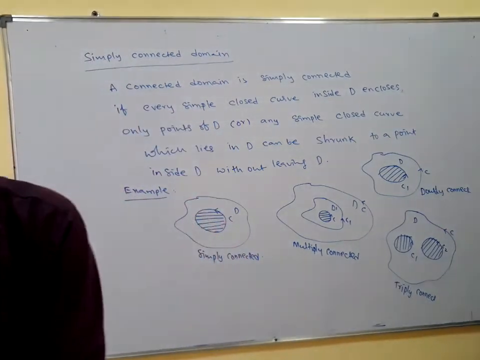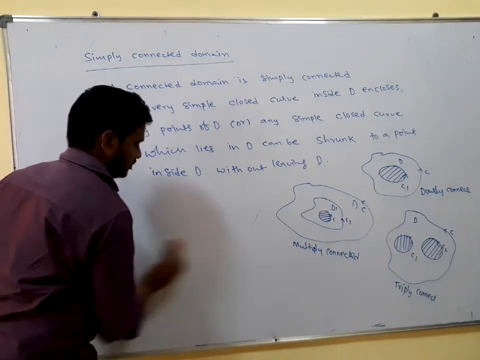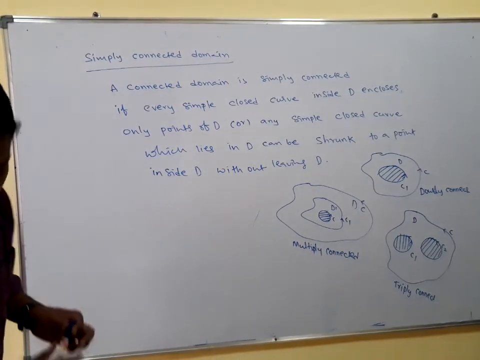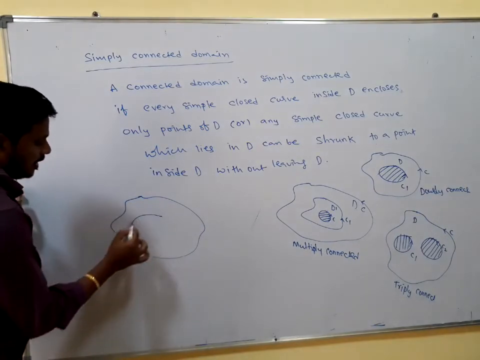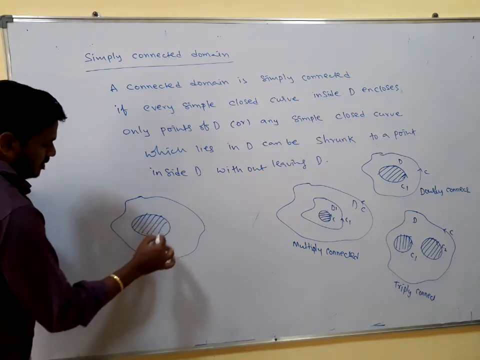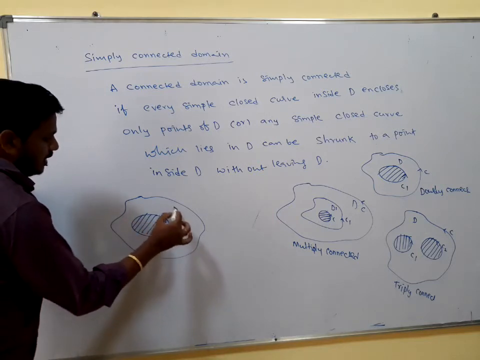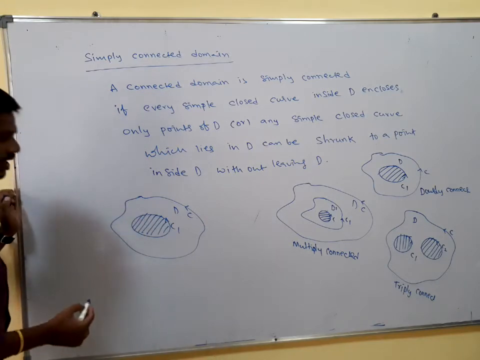Now suppose we have a doubly connected domain that I am going to consider, with boundary curves C1 and C, in the region D. How do we convert the doubly connected domain into a simply connected domain?